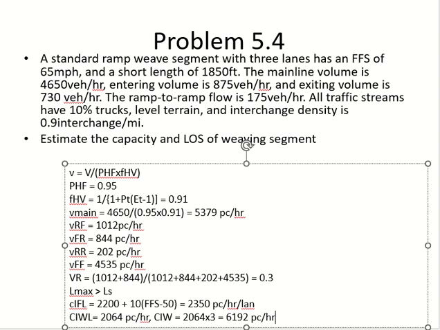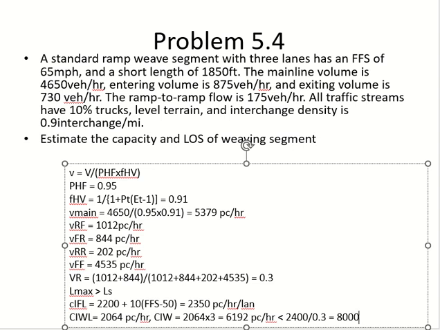Then we have a check that this value should be less than 2400 divided by VR, which is 0.3. Is it? 8,000. Okay.